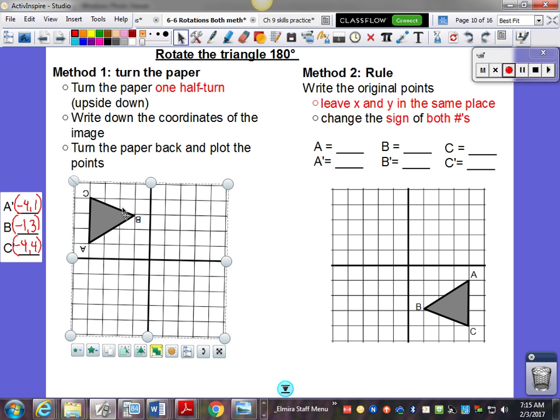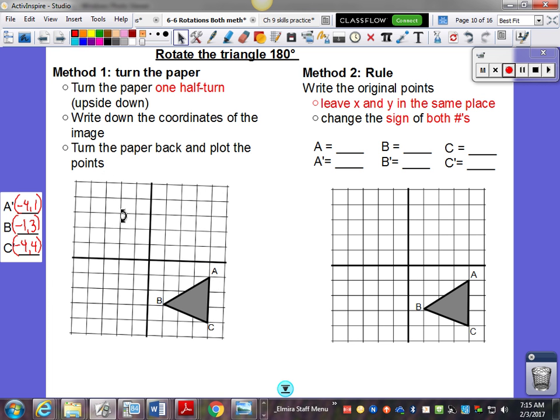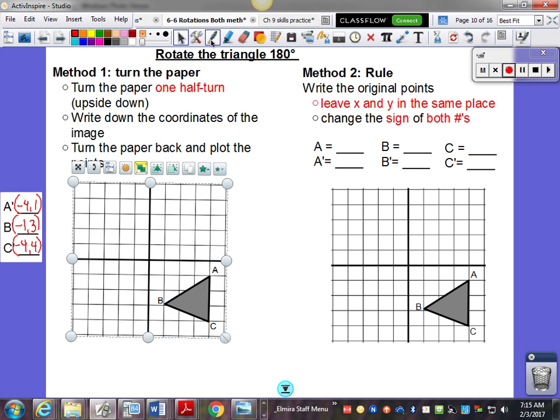And then turn your paper right side up. So A prime would be -4, 1. B prime is -1, 3. And C prime is going to be -4, 4.